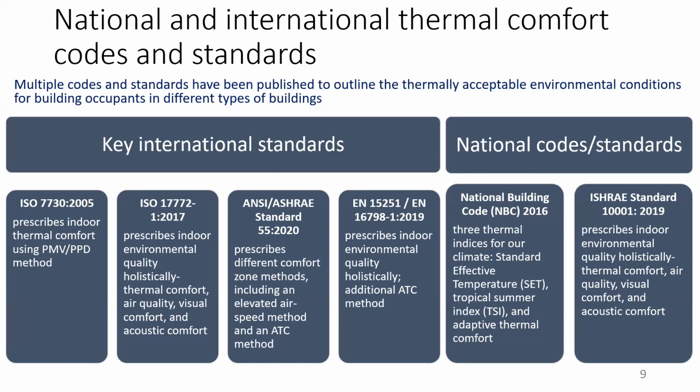In India, we have the National Building Code, which has three different thermal indices for our climate: standard effective temperature, tropical summer index, and adaptive thermal comfort, which are applicable for different types of buildings. Then ISHRAE also has its own indoor environmental quality standard 10001. And like the ISO and EU standards, it also prescribes indoor environmental quality parameters holistically.